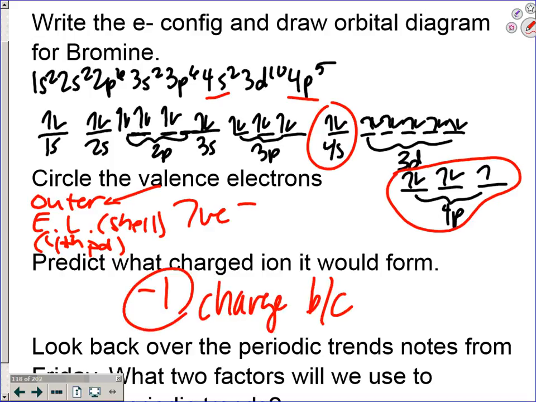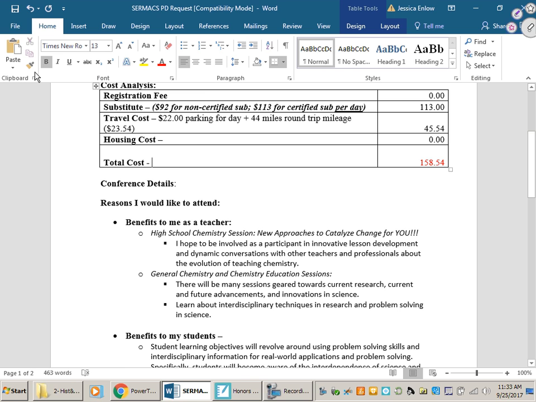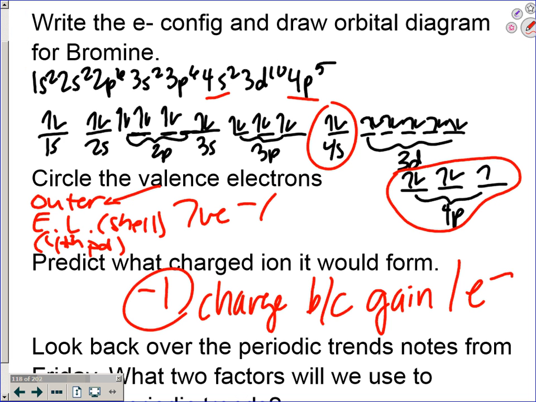Because it will do what in order to get that negative 1 charge? Right, it will gain 1 electron to create 7 plus 1 electron. Okay, so adding 1 electron would be 8 valence electrons, which we call octet.